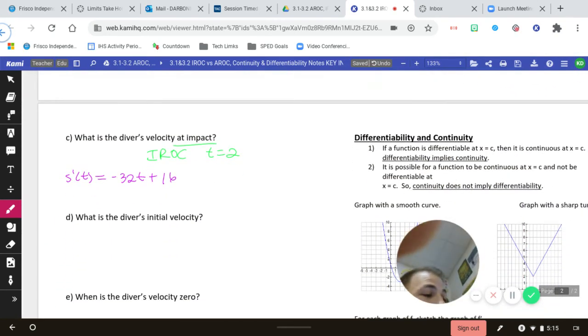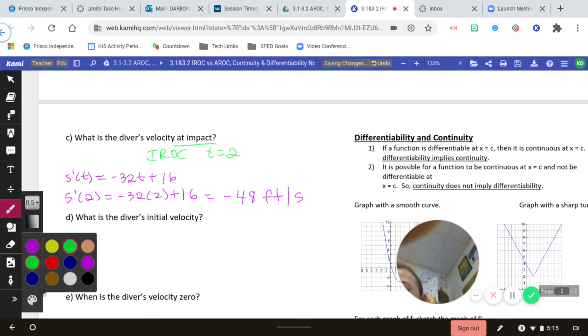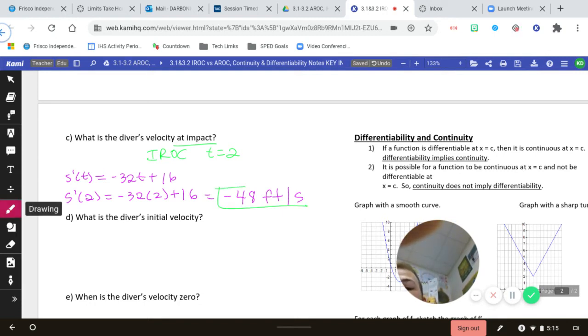So I have what my S prime would be equal to, which means S prime of 2 is equal to negative 32 times 2 plus 16, which is negative 64 plus 16, which gives us negative 48 feet per second. So we're still working with a velocity.